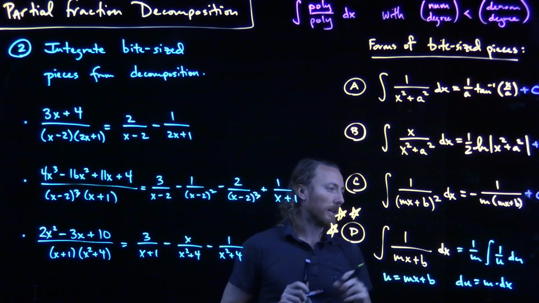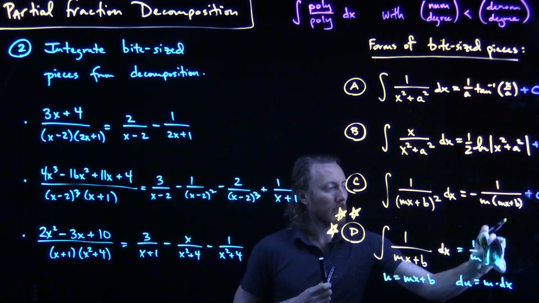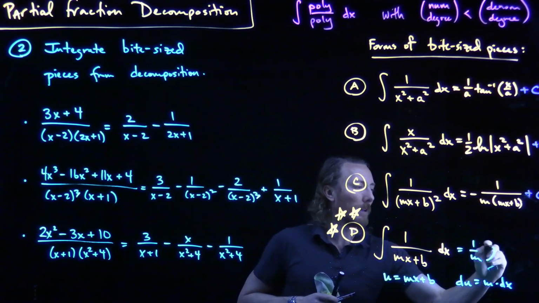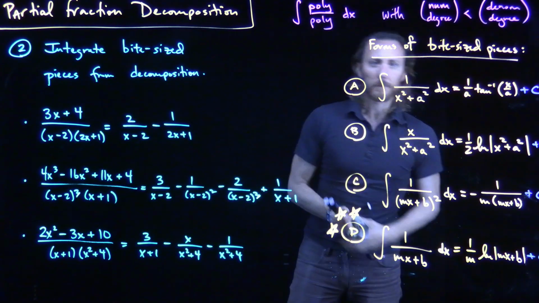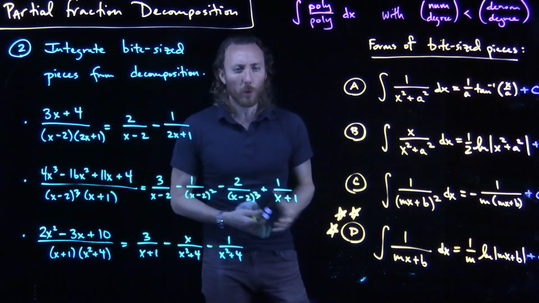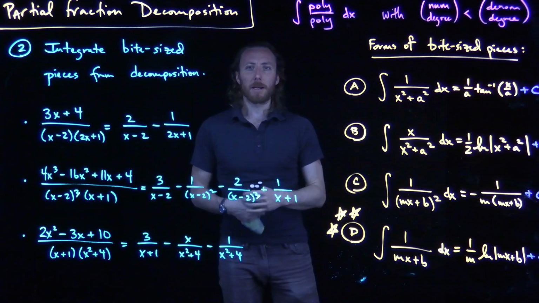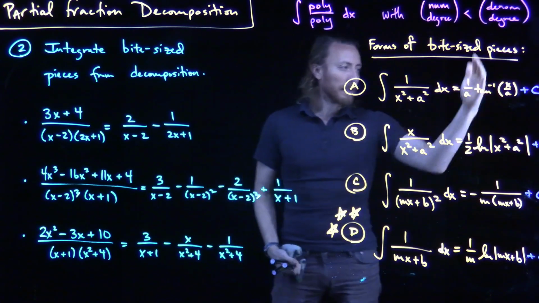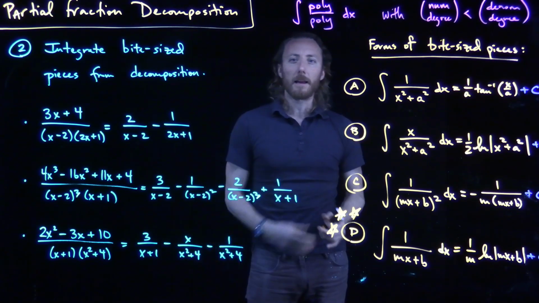Integrating that, we get ln absolute u plus c. Replacing the u inside our ln with what u was, namely mx plus b, we get 1 over m ln absolute mx plus b plus c. Some of the plus c's don't fit, but so be it. We'll always just throw the plus c in at the end.